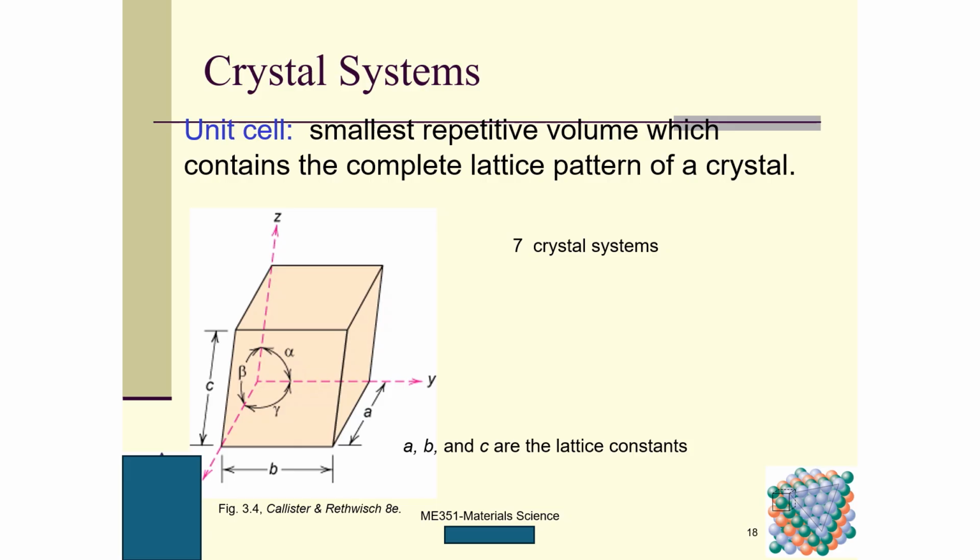We talk about the crystal system, the unit cell. We talked about the unit cell already: the smallest repetitive volume which contains the complete lattice pattern of a crystal. Here we just show you SC, BCC, FCC along with HCP.